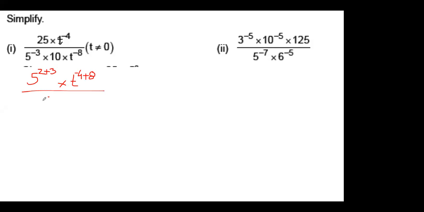And here it is 5 into 2. So one more 5. If I cancel it here, I'll have a minus 1 over here. So 2 plus 3 is 5, 5 minus 1 is 4. So the answer should be 5 raised to 4, t raised to 4 upon 2. Just see what your answer is.